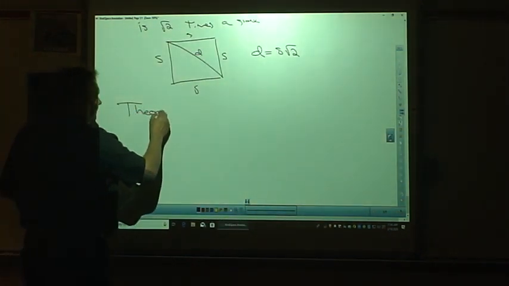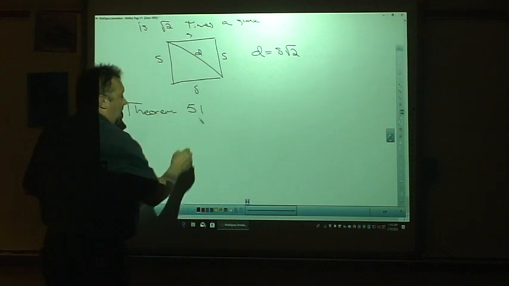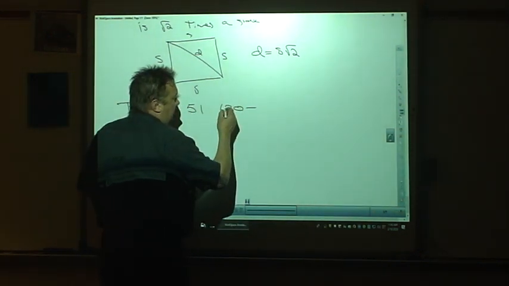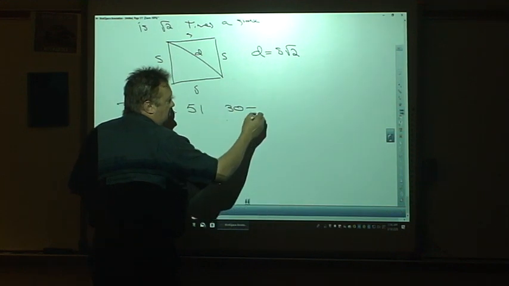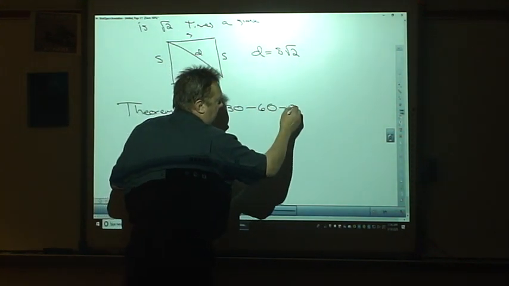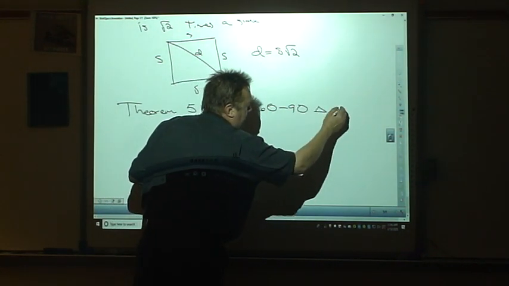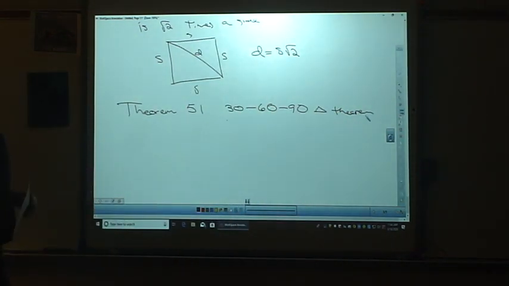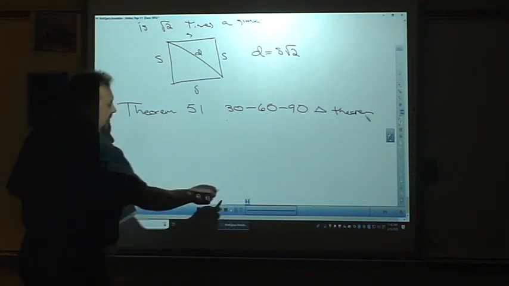Theorem 51 is another special right triangle. We call it a 30, 60, 90 triangle theorem. And again, it's a kind of a shortcut. What it says is this.